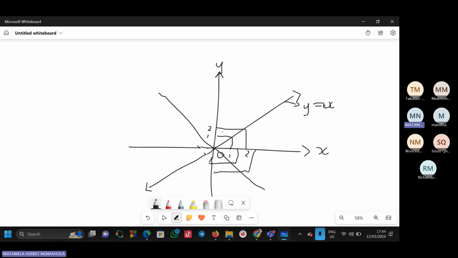And then for the x-axis, you're going to get also negative and negative. So your result there is going to be a negative gradient. So your gradient here is going to be negative. But those ones, you don't really have to memorize them.